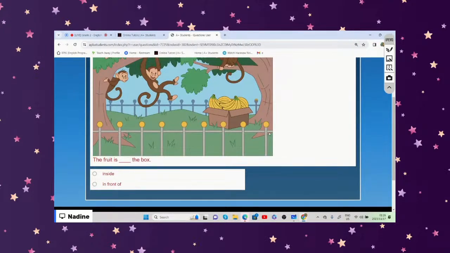Is the fruit inside of the box or in front of the box? So we need to identify the preposition that either tells us where something is or where something happens.